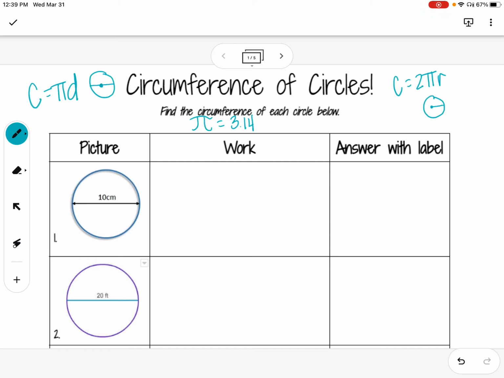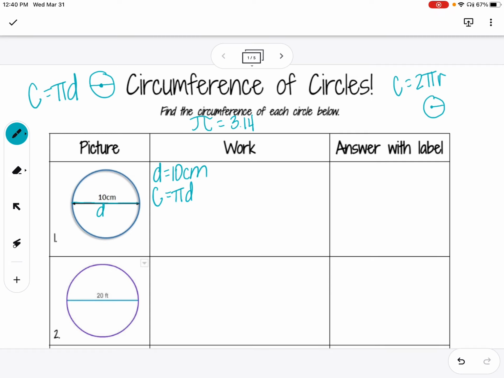All right, so let's begin with our first example. In this picture, I am given a circle, and I have a line that goes directly through the center of my circle from one edge to the other. So this is my diameter. So my diameter is 10 centimeters. So in the work section, I'm going to write diameter equals 10 centimeters. Then I'm going to take this information and write the formula that I think I should use.